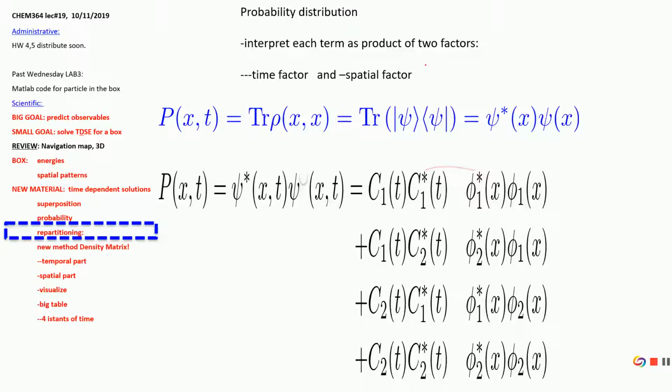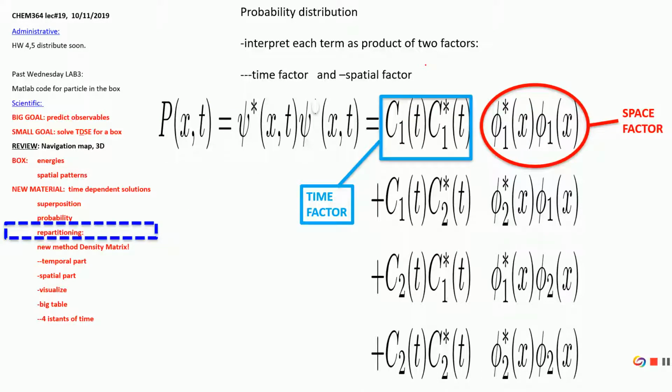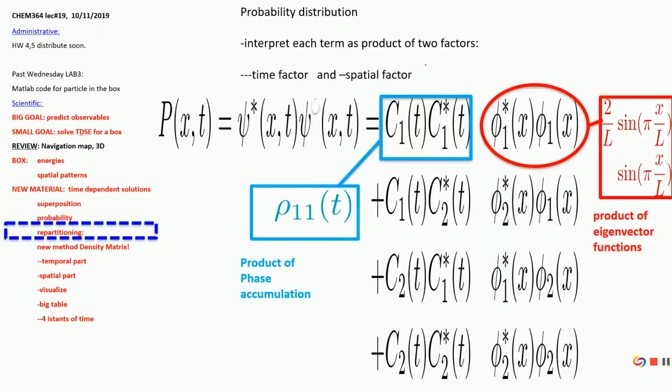So let's look a little further. So 4 terms: time factor, space factor, and we can plug in the actual values. For the space factor, we will just multiply these sines. They coincide, both are square root of 2 over L, because it is the same function and they are complex conjugates.